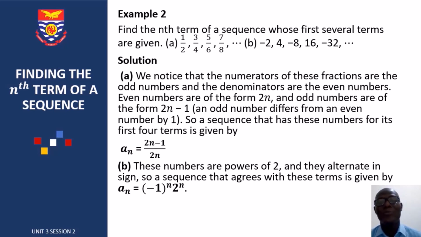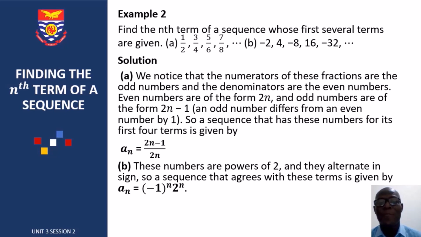When we consider the numerators of the sequence, we see that the numerators are odd numbers. And we know any even number minus 1 will always give us an odd number. All even numbers are 2 times n, so when we subtract 1 from 2n, it should give us odd numbers.